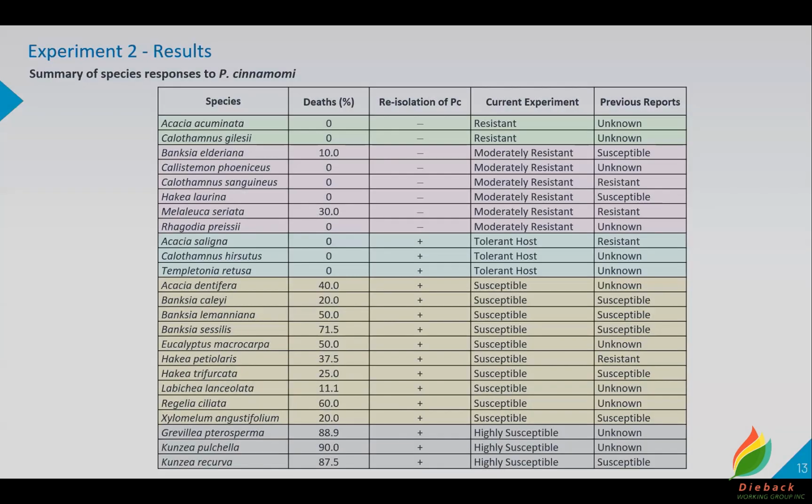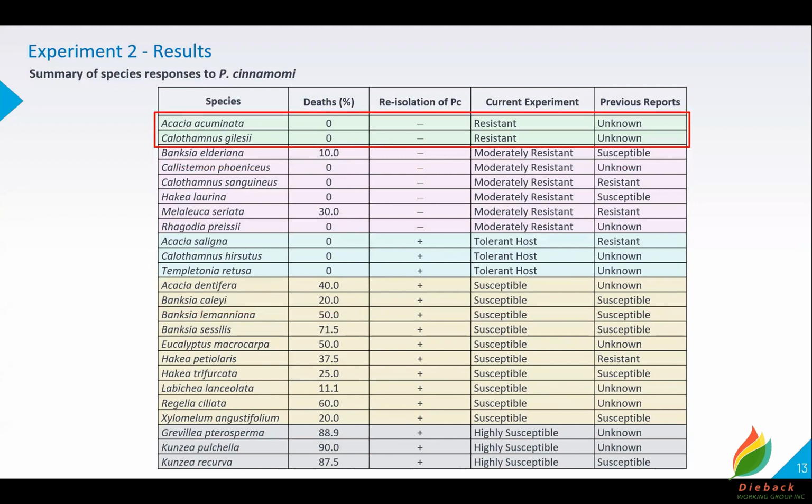So using the results from both experiment 1 and experiment 2, I categorized the disease response of these 24 species. I identified 2 resistant species in which none of the plants died and the pathogen was not isolated from any of the surviving seedlings.